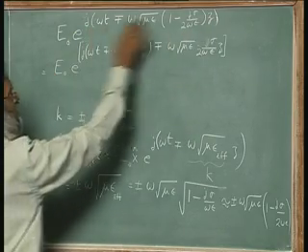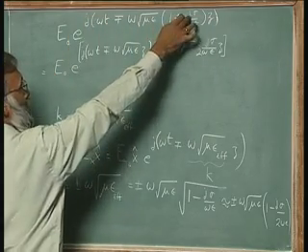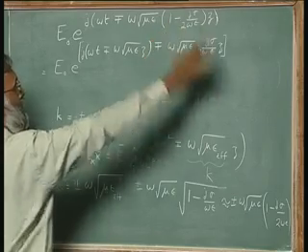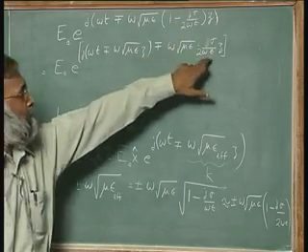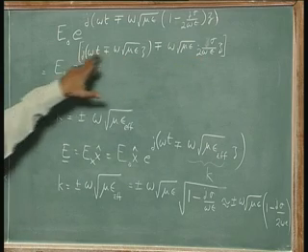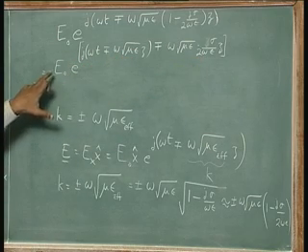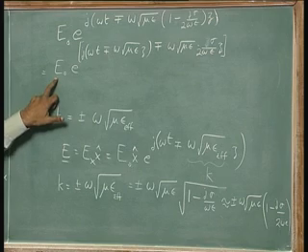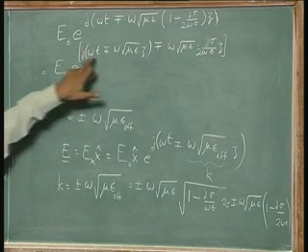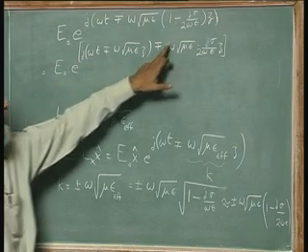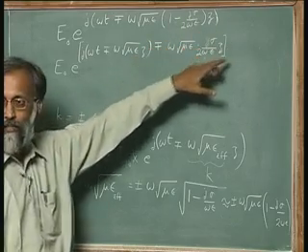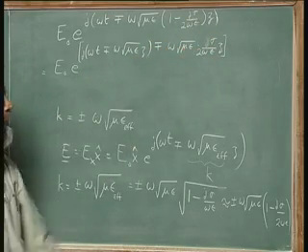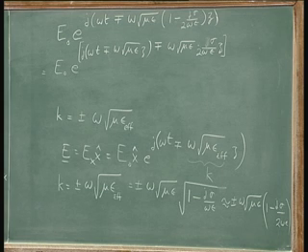I had j here, a j there. So, j squared was minus 1, this minus absorbed that. So, this is pure real, whereas these are imaginary terms. So, what I have is a wave whose amplitude is E naught, there is a phase term which represents the wave, and now I have a real exponent coming out into the equation. So, let me combine the real exponent with E naught.